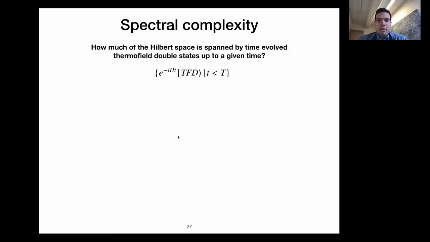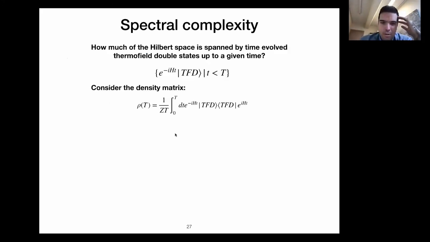How does this work? It's very simple. You can define the following density matrix. It's a kind of mixed state that you get by summing up the projectors to different time-evolved states. These are not orthogonal projectors, but this density matrix is still a valid density matrix.